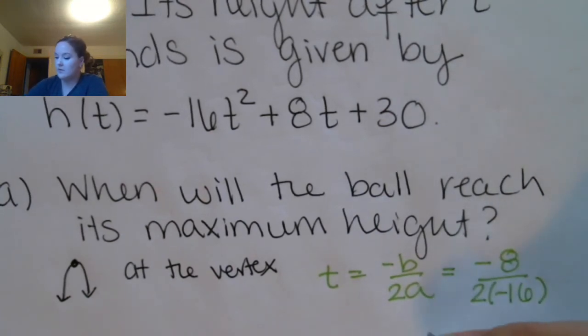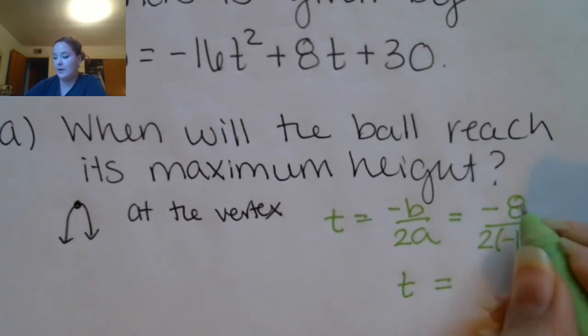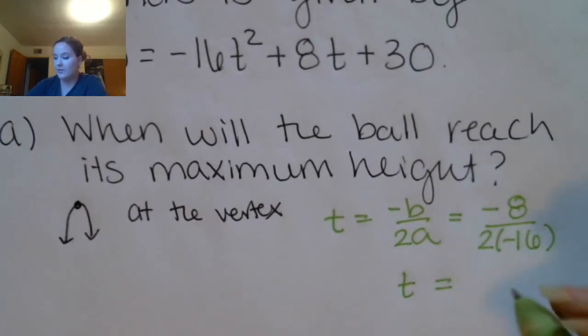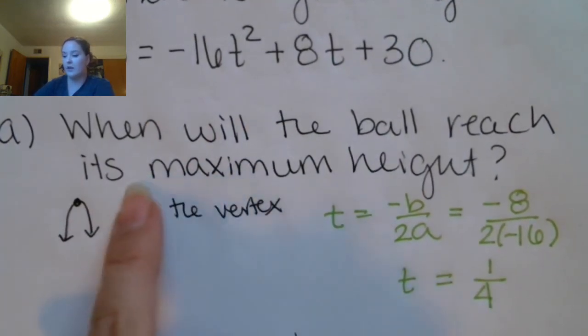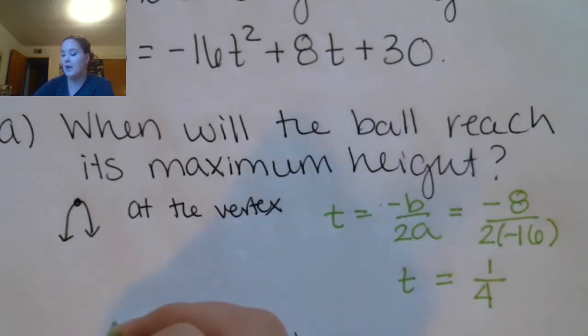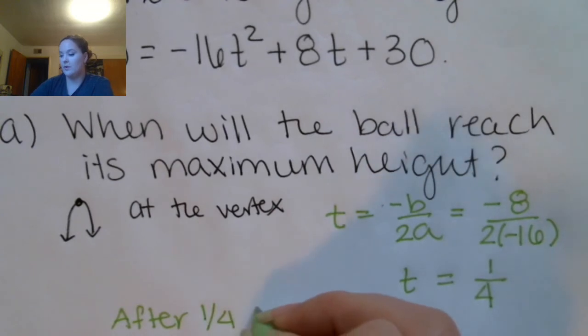So this is going to be -8 over -32, which is 1/4. Don't forget that because this is a word problem, you should have a sentence answer. So when will the ball reach its maximum height? After 1/4 second.